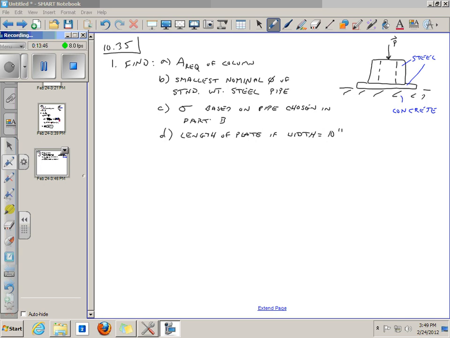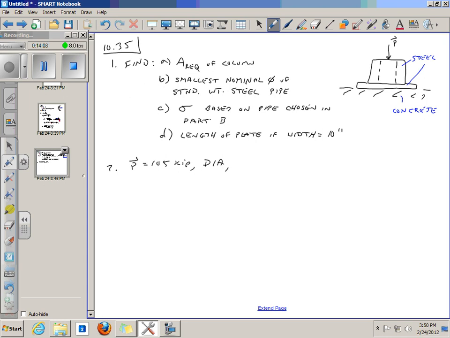Okay, so you've got P is equal to 105 kips. So write that in the diagram.